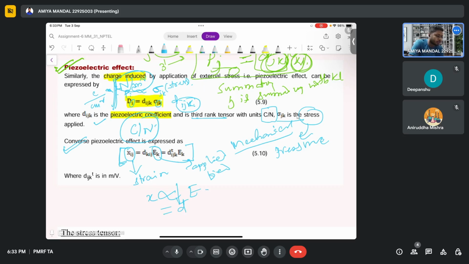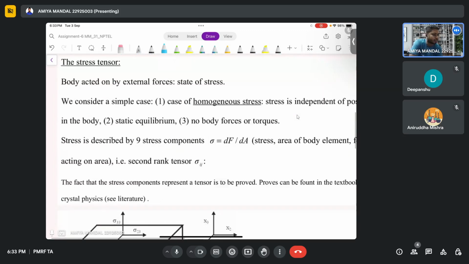We take it as d, and if the strain is a two rank tensor and the electric field is a one rank tensor, then it is d_ij transposed, meaning they are transposes of each other. So this is the concept you have also learned.